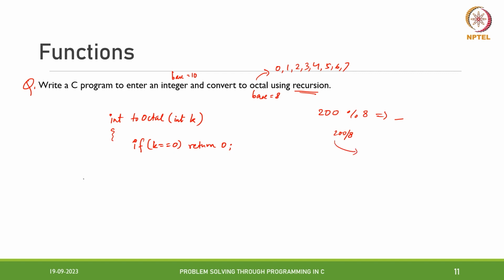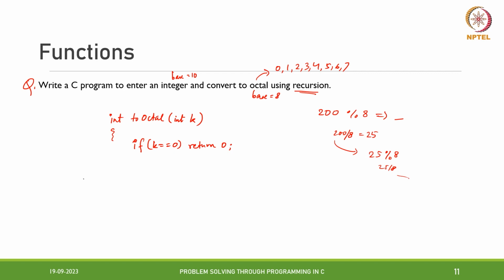So 200 by 8 will give you 25, right? And this 25 will again go with the same condition, % 8 and 25 by 8 and so on.